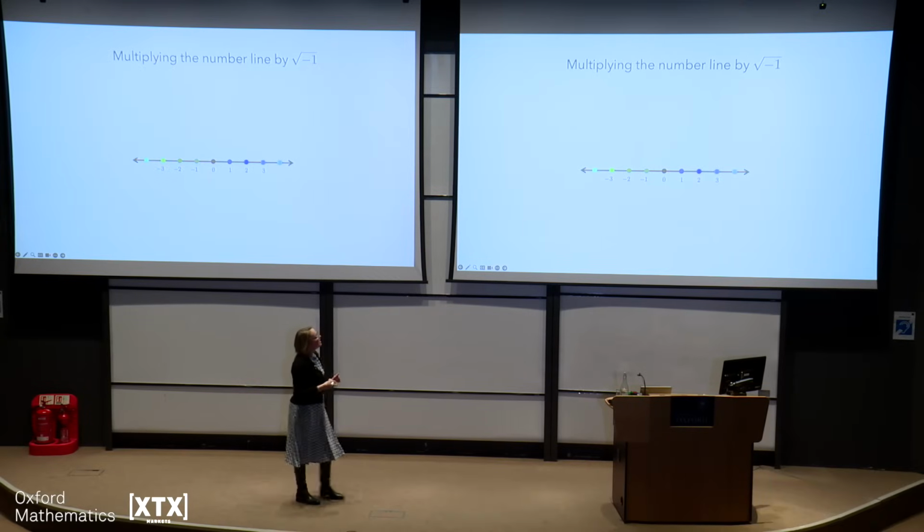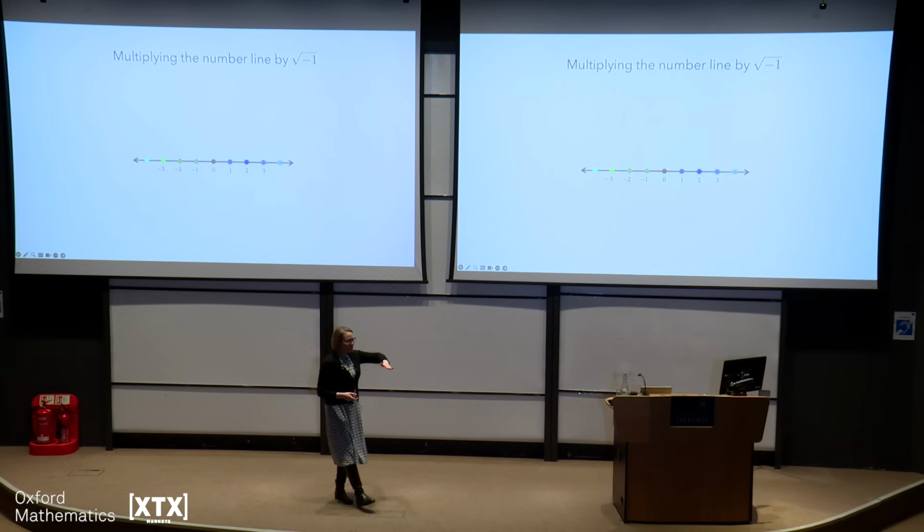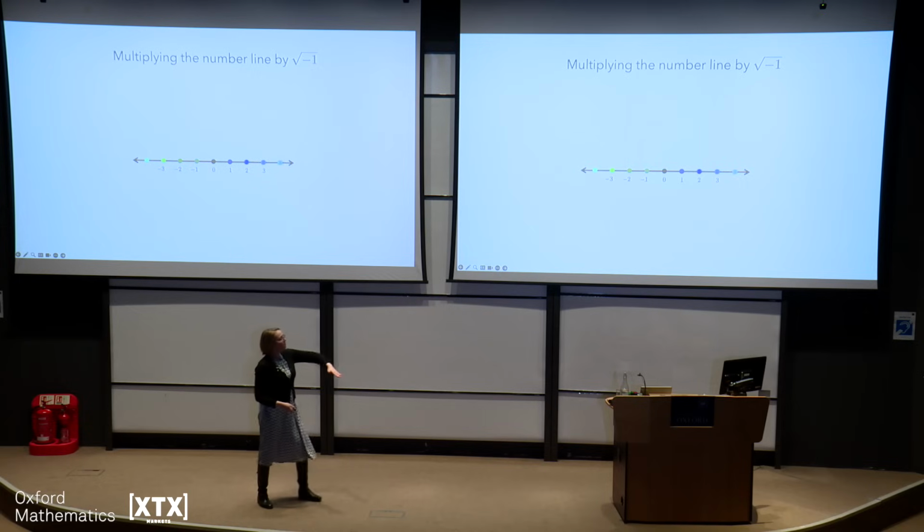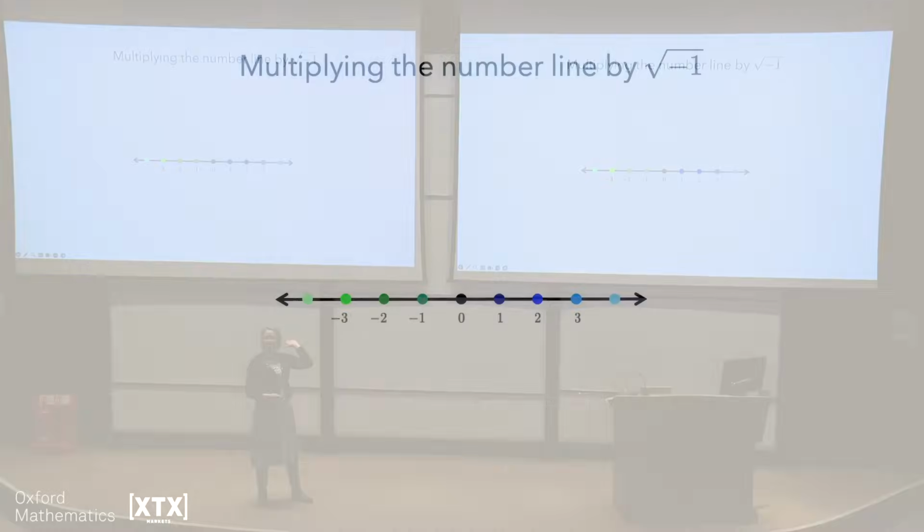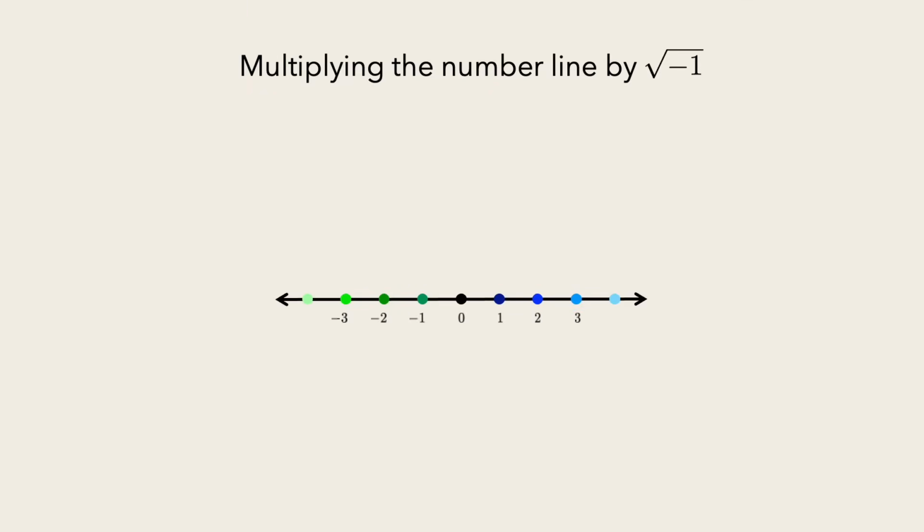So if I want to multiply the number line by the square root of negative 1, then by analogy, geometrically, I should be doing something that when I do it twice has the same effect as multiplying by the number under the square root. So if multiplying by the number under the square root is rotating by 180 degrees, and I want to get there in 2 steps, then what I'm going to do is rotate by 90 degrees.